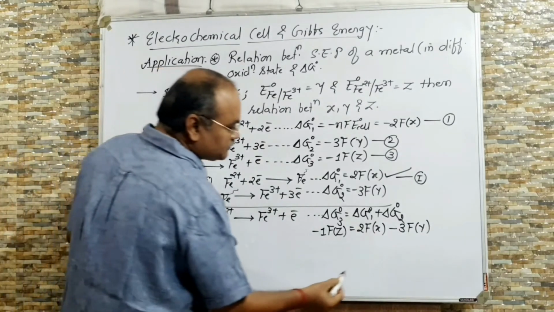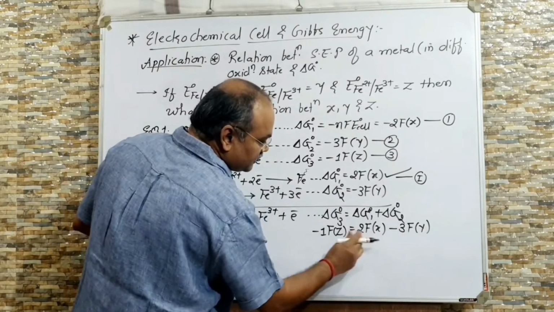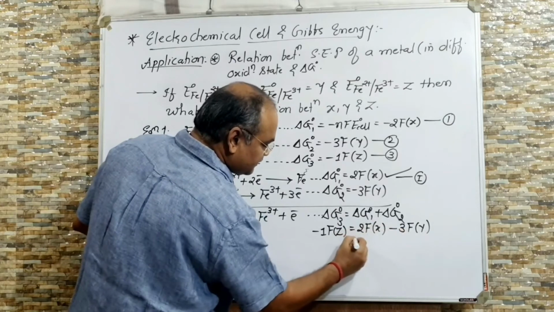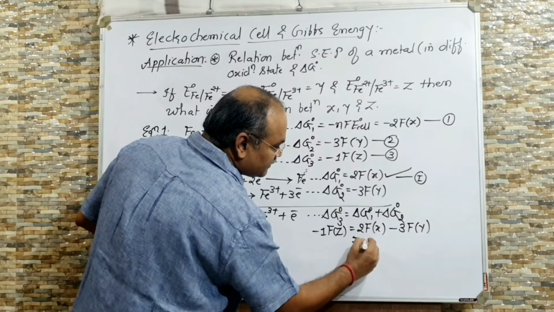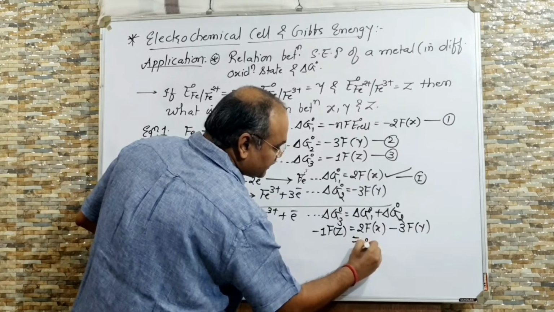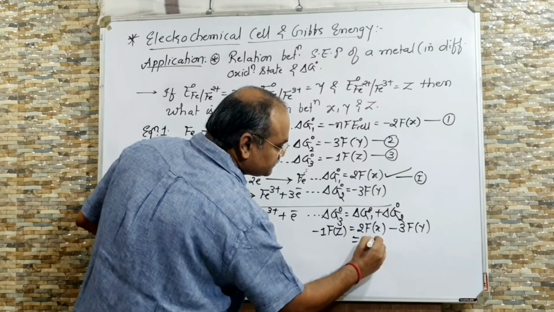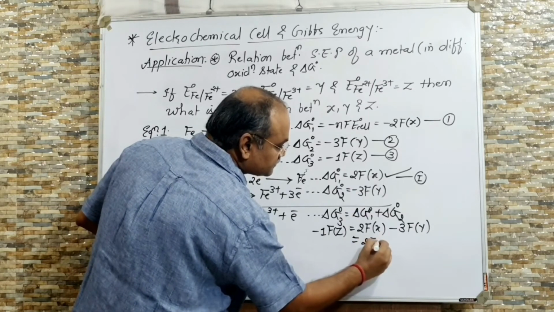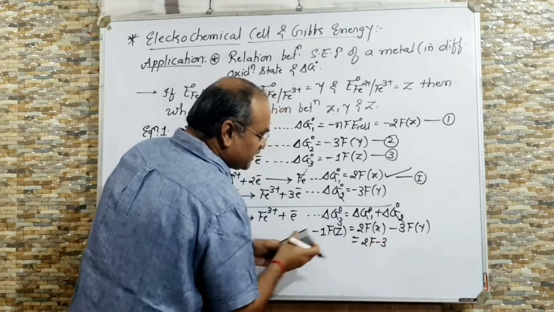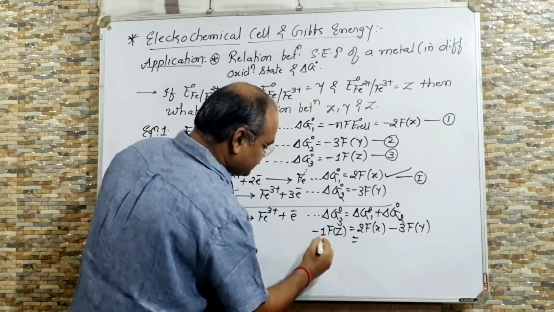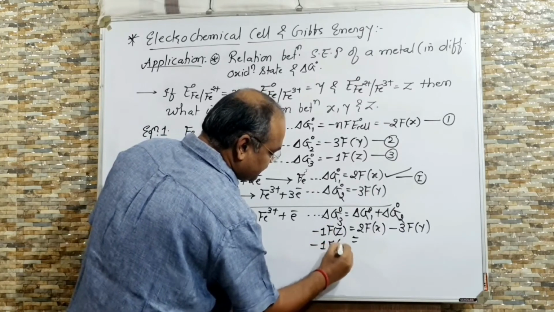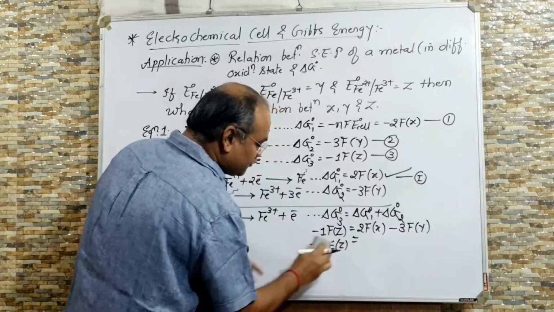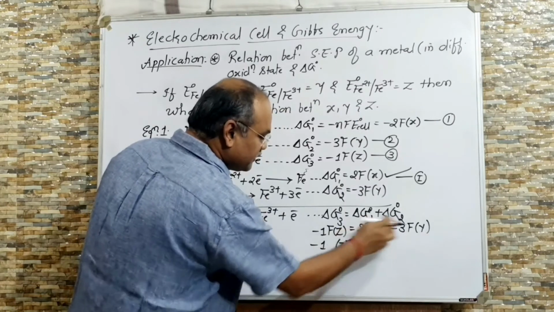So now here 2F minus 3F, I can take F common, or you can remove the minus sign, minus 1 Fz. You can remove F from here, you can remove F from here.